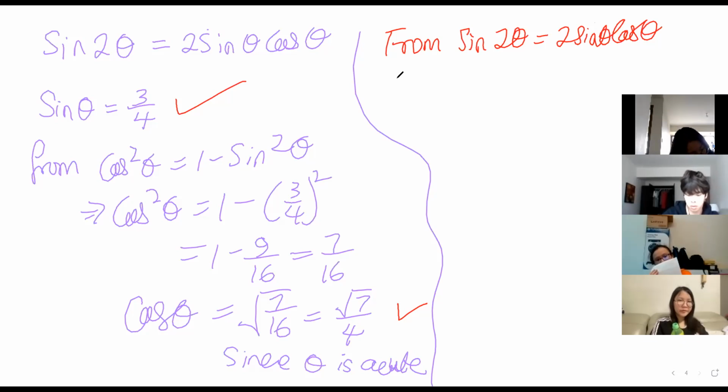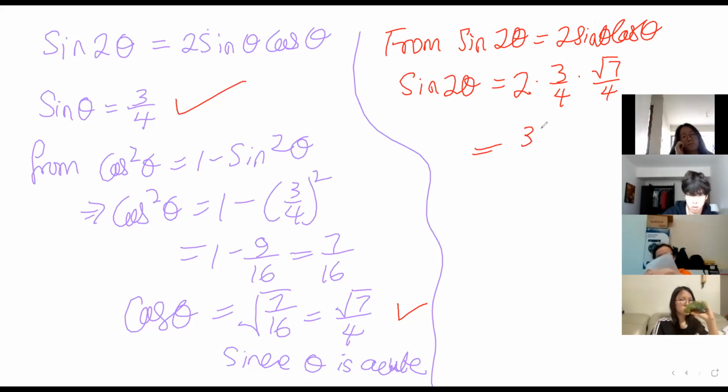So sine 2 theta is equal to 2 times sine theta, 3/4, times cos theta, root 7 over 4. What's that? That is 3 root 7 over 8.